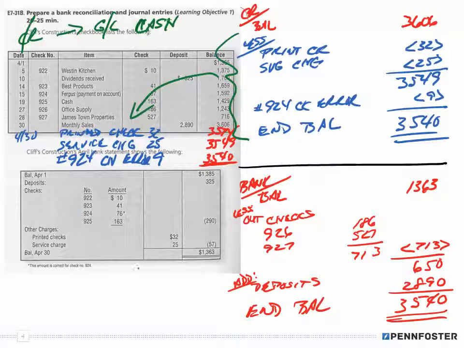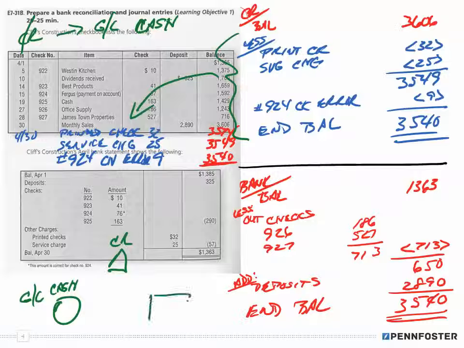If you watched one of the theory videos, I had quickly explained that you have a check register, you have a general ledger cash account, and then you also have your bank. All three of these should be the same. That's the true reconciliation.